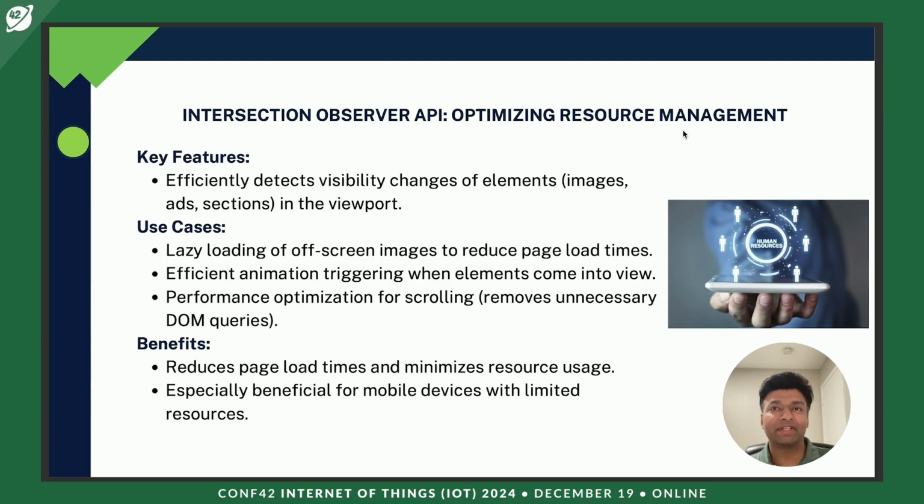Instead of loading everything upfront, images were loaded only when the user scrolled to them. This reduced page load times by 35% and directly led to a 12% boost in mobile conversions. This API isn't just about speed, it's about creating a smooth, enjoyable experience that keeps users engaged, especially on mobile devices when performance is crucial.